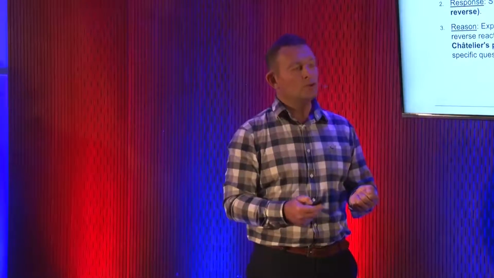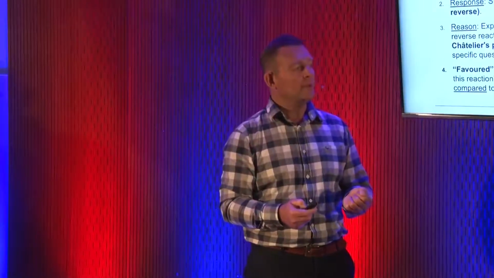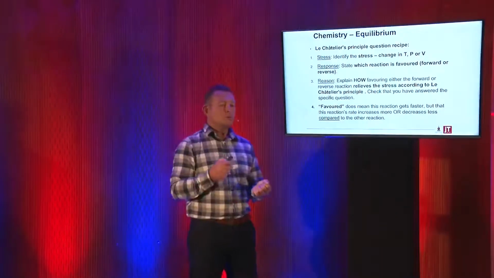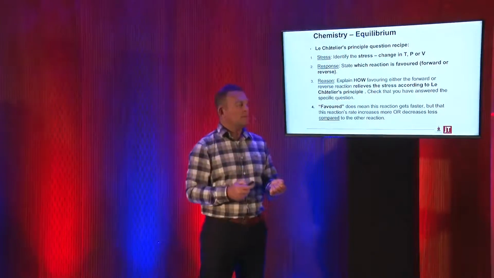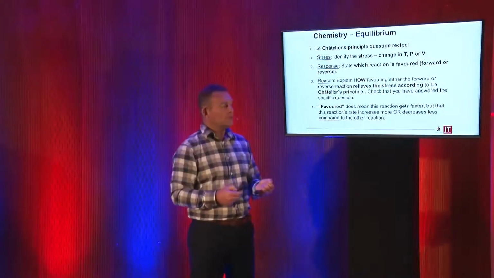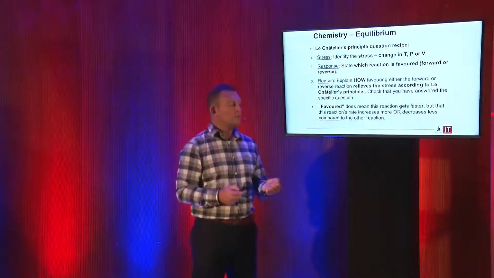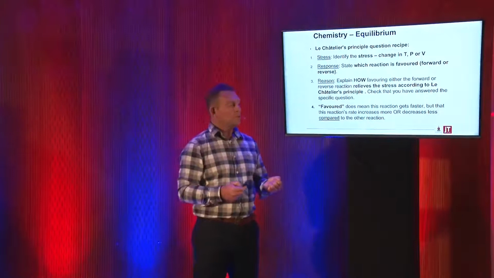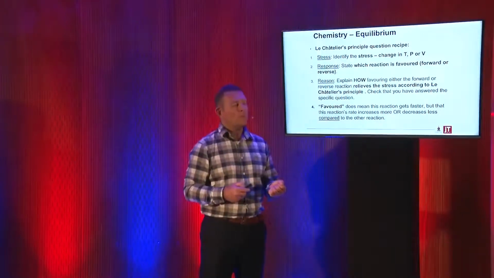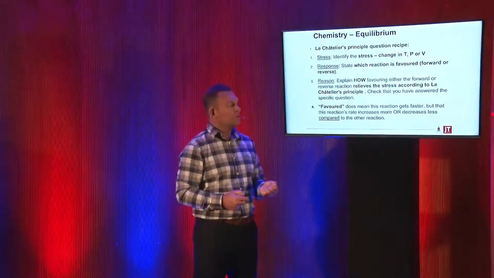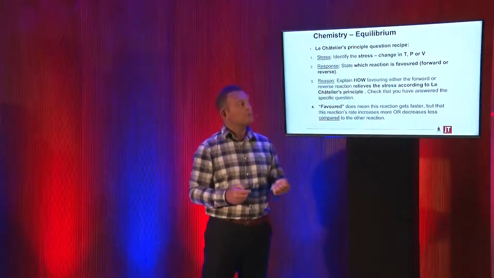And we would use bullet format to explain that. When we use the word favored, it does not mean that the reaction gets faster as such. It just means that it increases more or decreases less compared to the other reaction. So favored is a relative term.